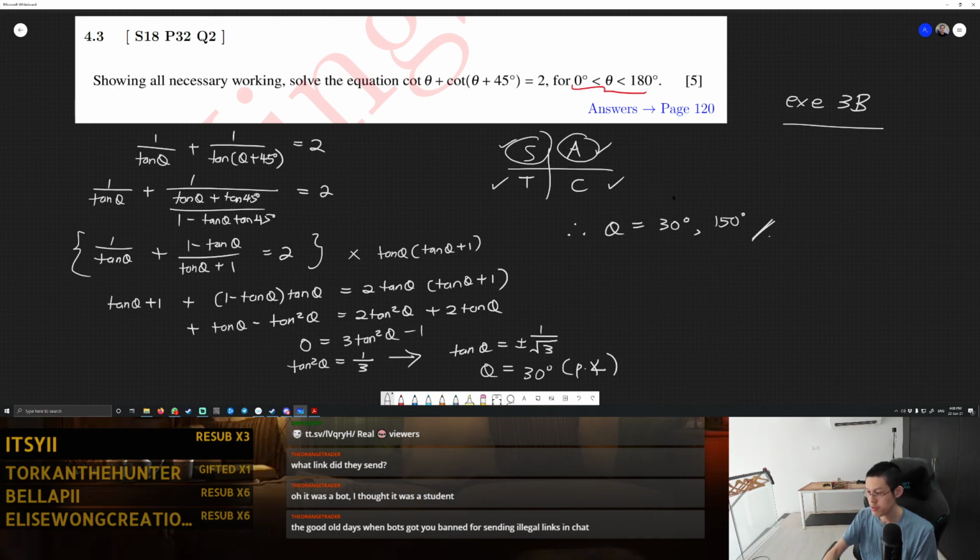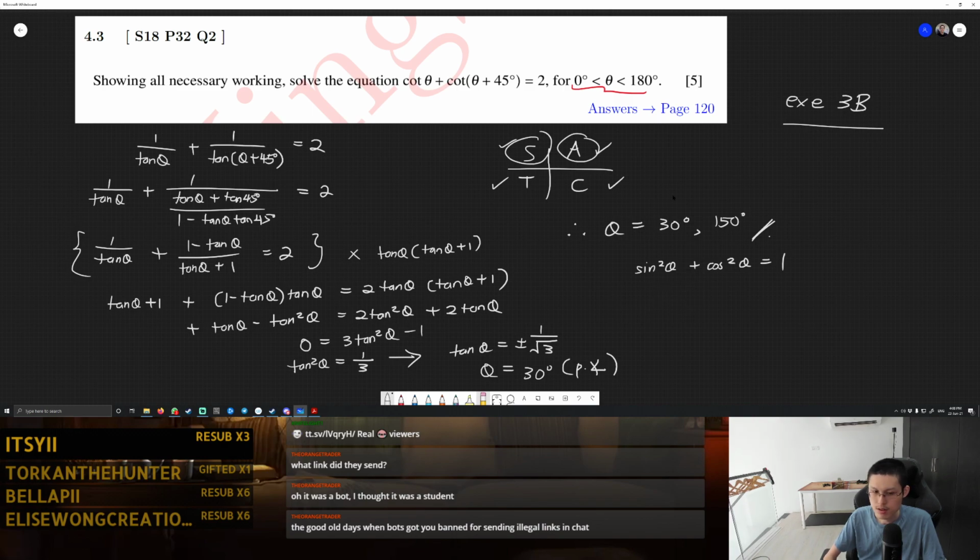Oh, there's actually something I forgot to mention. I'm not sure whether I've mentioned this in AS, but I think I might have. But just to be sure that I don't miss anything out, let me mention it here. So remember our original identity cos squared x plus sine squared x equals 1. If I divide everything by sine squared x, I'm going to get... you know what?